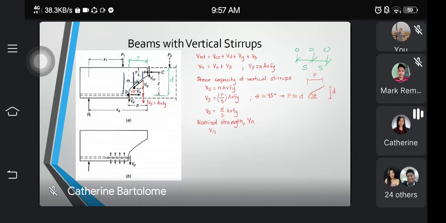We know that Vn is equal to Vc plus Vs. But Vs coming from here is equal to Av Fy d over s. Okay, so this is the shear capacity of the beam.